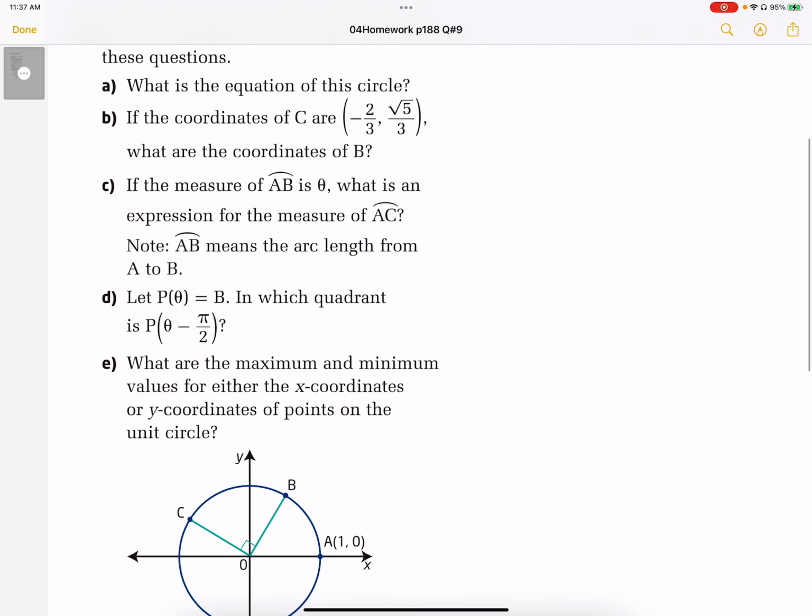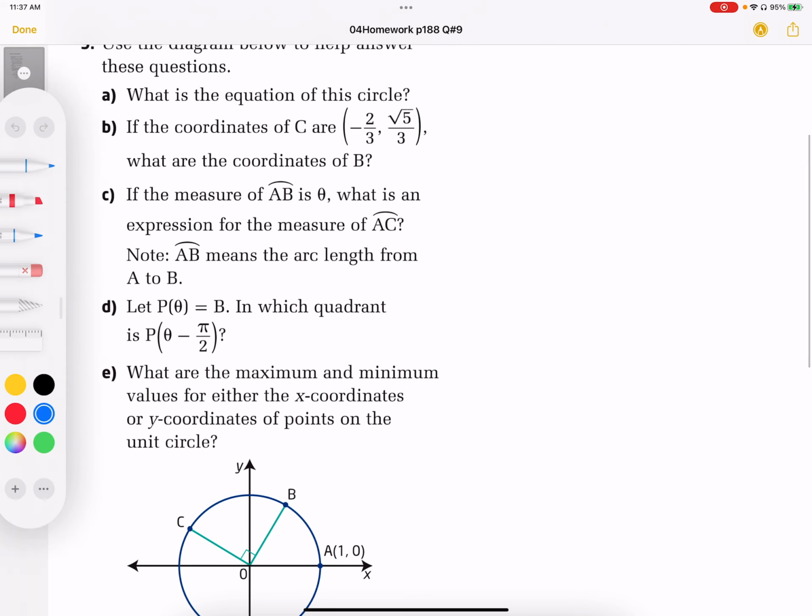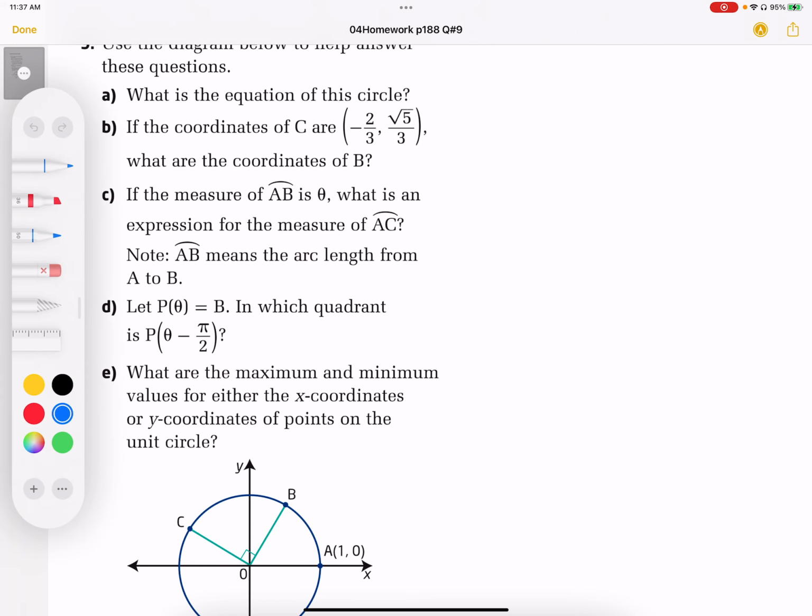So what is the equation of this circle? That's the first part. The equation of the circle is going to be x squared plus y squared equals 1. Okay? The x position squared plus the y position squared is equal to 1 squared.